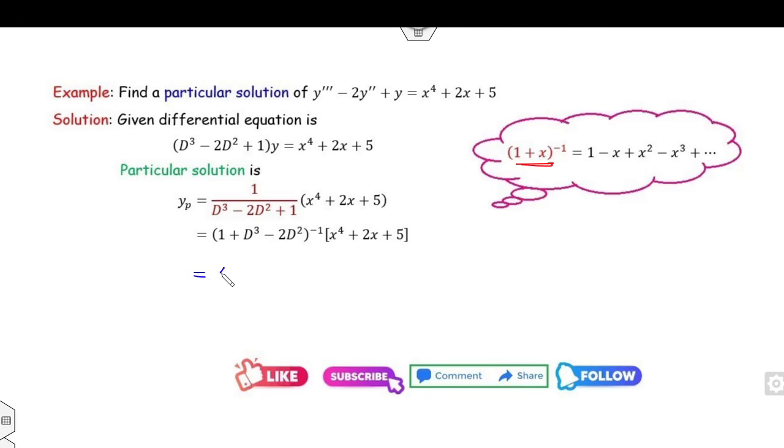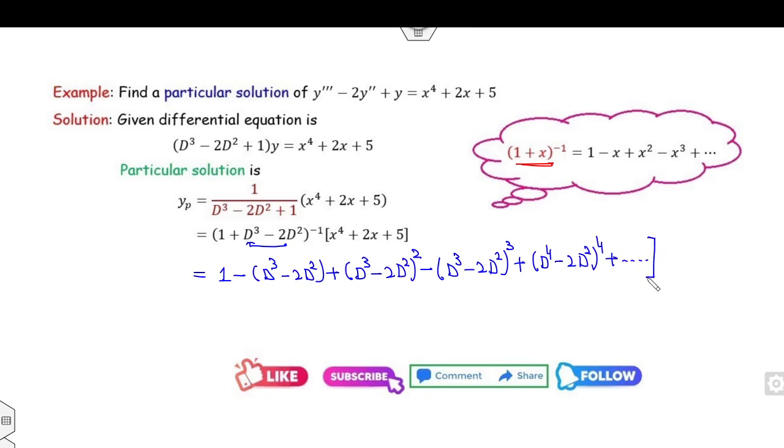So that will be 1. This is my x, in this case 1 minus x plus x square minus x cube plus x power 4 and so on.